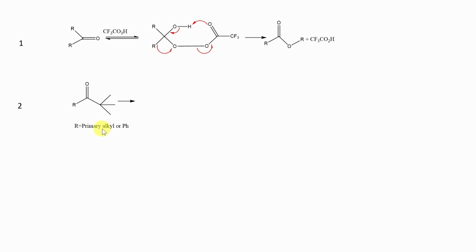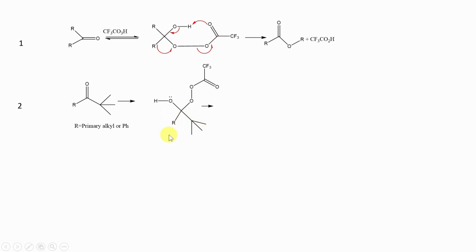First of all, as in the previous case, perfluoroacetic acid can be used. Thereby, as in the previous case, this molecule is formed. Here there is a competition between this alkyl group and this alkyl group.